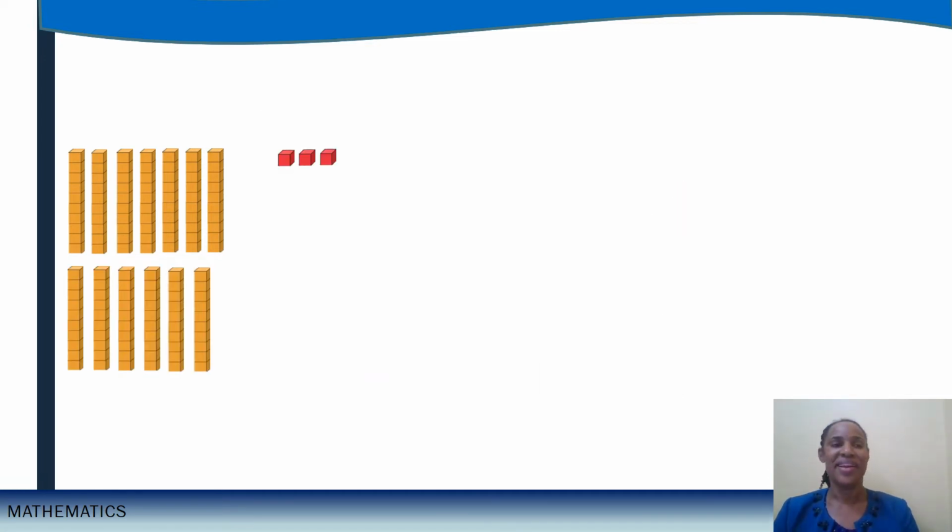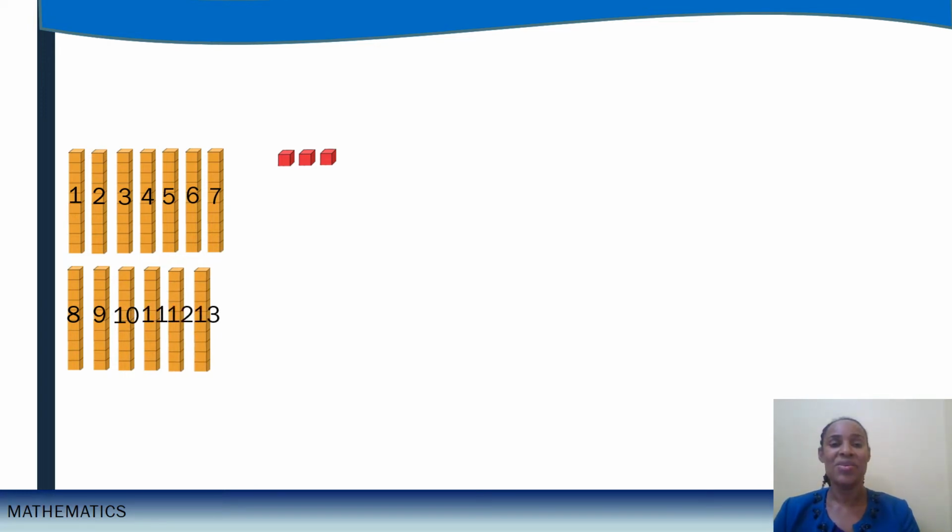Boys and girls, here is your next task. I want you to look at these base 10 blocks and tell me what number you think they represent. But first, let us count the longs. 1, 2, 3, 4, 5, 6, 7, 8, 9, 10, 11, 12, 13 longs.